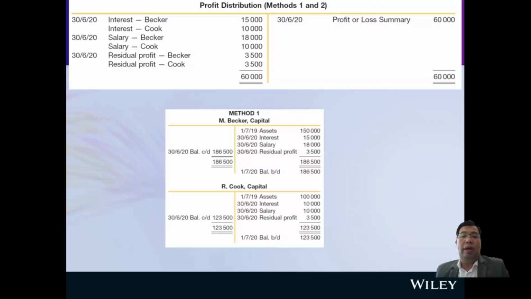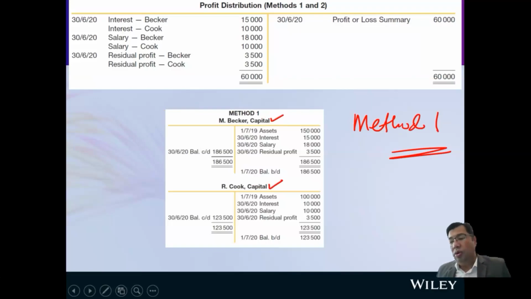In this method number one, if you look here, this is the profit that we have before that. This is the allocation based on capital. Under method number one, we only have capital accounts, no retained earnings or retained profit accounts.